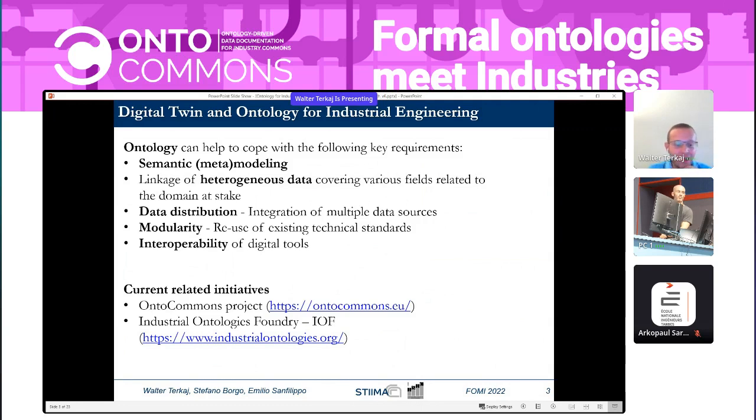But I think that what I listed in this slide is quite a decent summary of the potential benefits of using ontology to represent a digital twin, and, let's say, give a boost to digital applications that are based on and exploit the digital twin.